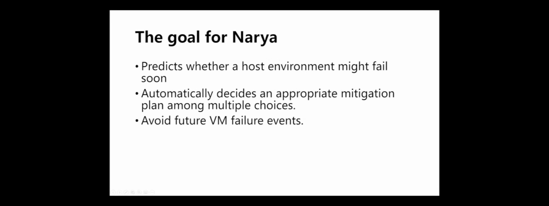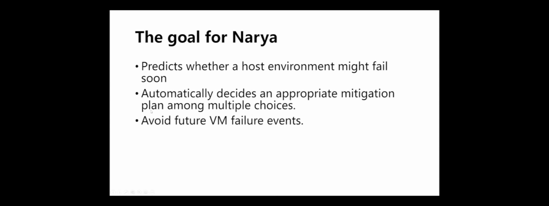From all these challenges, we get the goal for Naya. The authors developed the Naya system, which can predict whether a host environment might fail soon, and automatically decide on a mitigation plan among multiple choices, and it can avoid future virtual machine failure events.